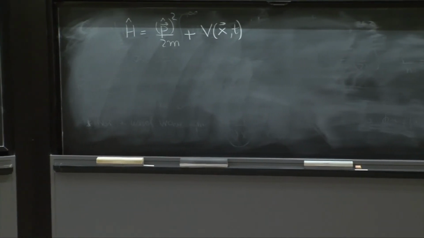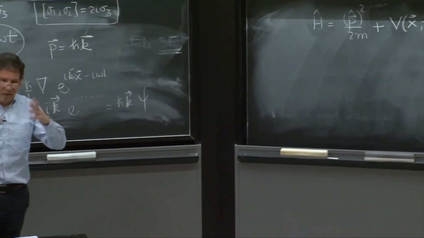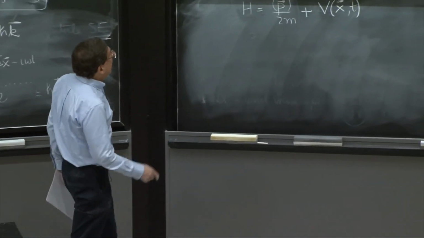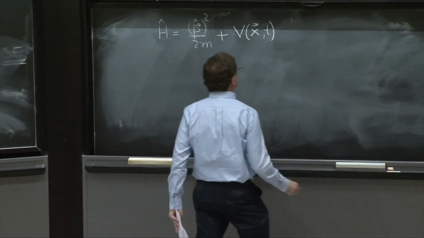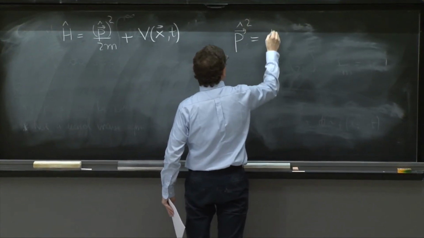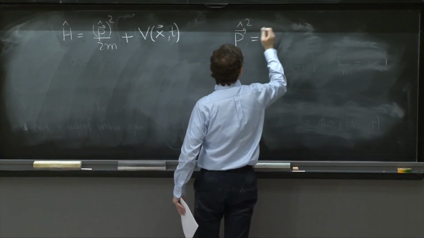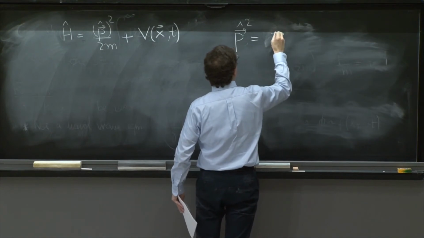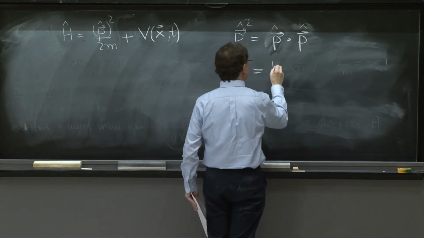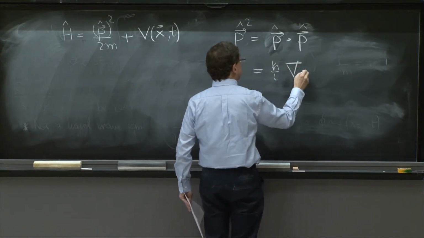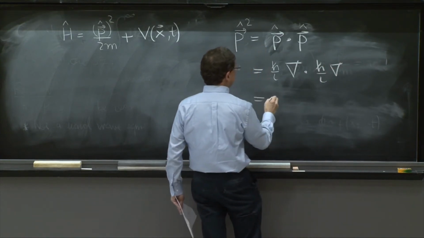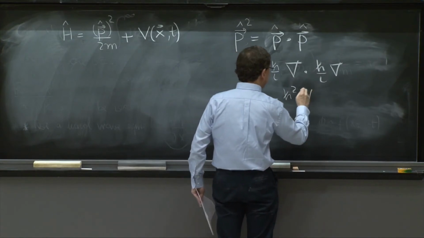There are conservation laws, angular momentum works nicely, all kinds of beautiful things happen. If not, you just leave it as x and t. And now what is p hat squared? Well, p vector hat squared is p vector hat dotted with p vector hat. And this is h bar over i gradient dotted with h bar over i gradient, which is minus h bar squared Laplacian.